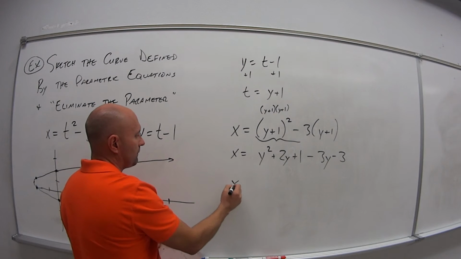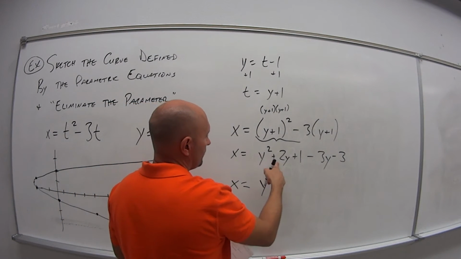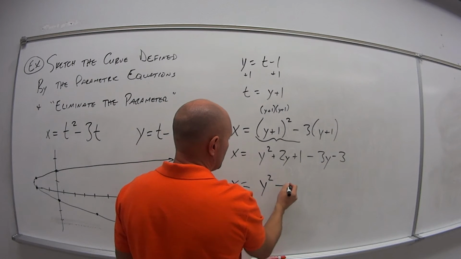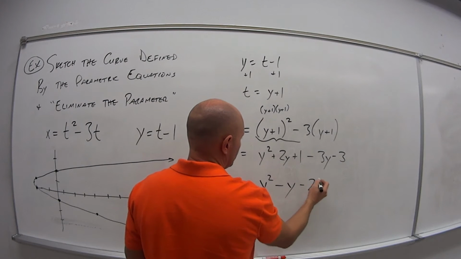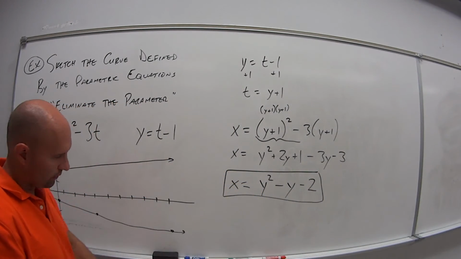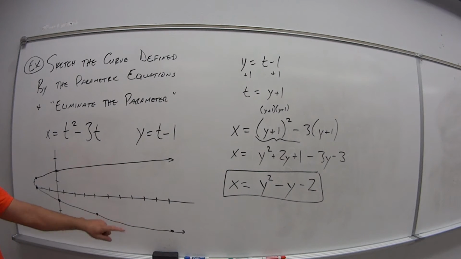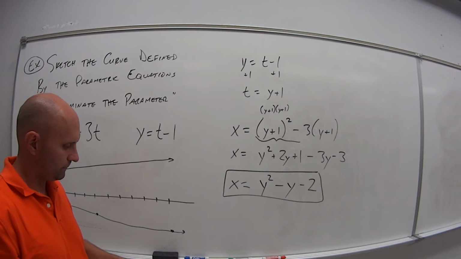So now just combine my like terms. I get x is equal to y squared, plus 2y minus 3y, so that's minus y, and then 1 minus 3 is minus 2. So this equation here gives me the same as what this parametric equation gave me in that situation there.